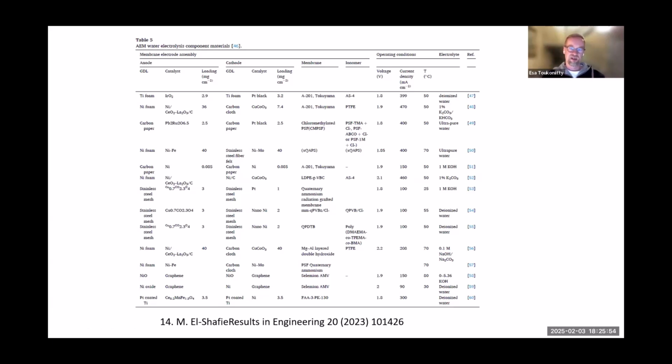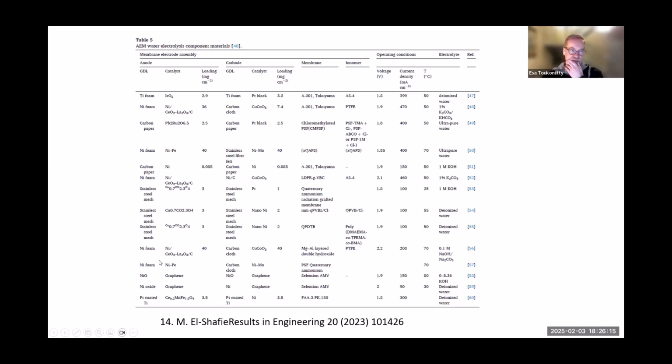There has to be some conduction between the electrodes, otherwise the circuit is not closed and the electrolyzer cell will not work. So the electrical current has to go through the system. Also something about operating conditions and things.